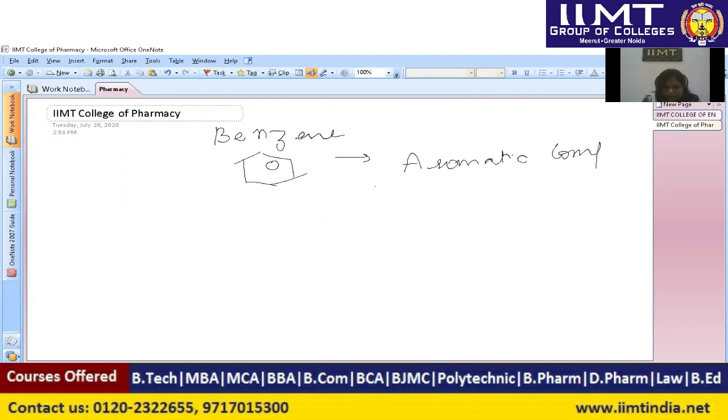Now aromatic compound means it is first of all cyclic. That means it is not in a straight chain. It has a cyclic form and may have unsaturation inside it. So now let us see how a general structure showing the carbon skeleton of benzene can be drawn.